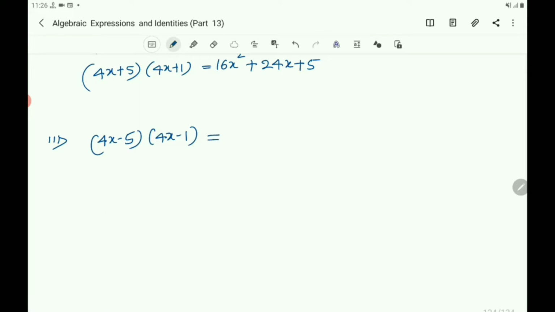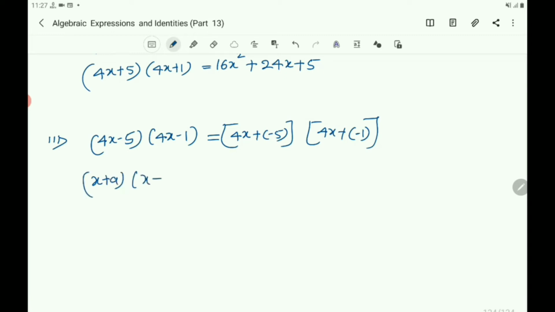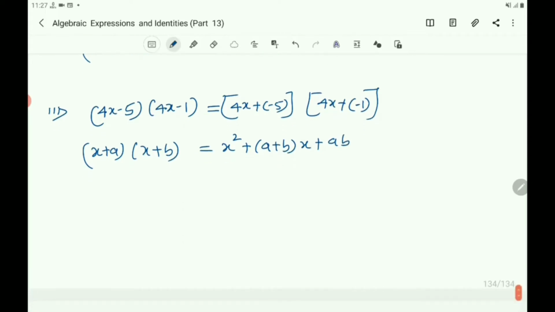You can write it in the form of (x + a)(x + b), that is (4x + (−5))(4x + (−1)). Then you write the identity (x + a)(x + b) = x² + (a + b)x + ab.